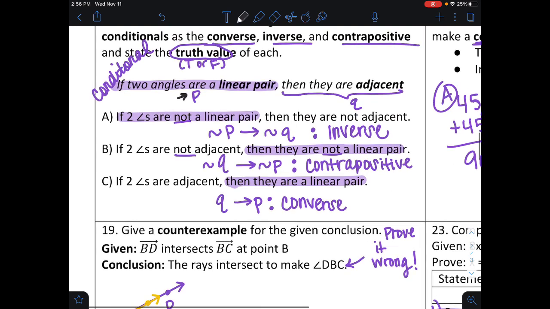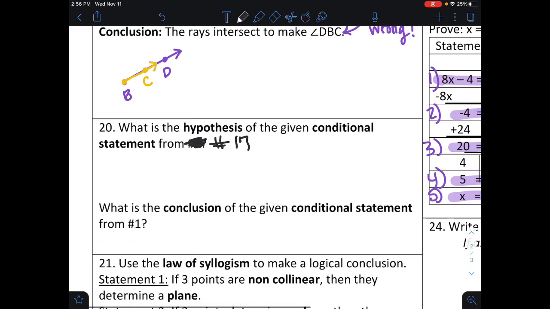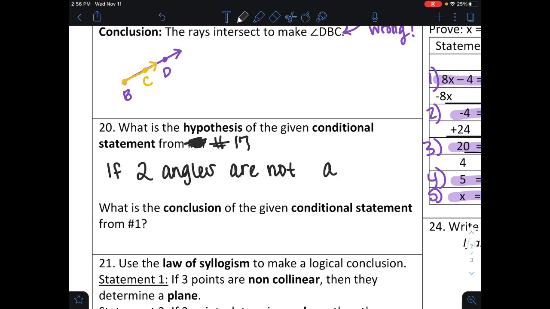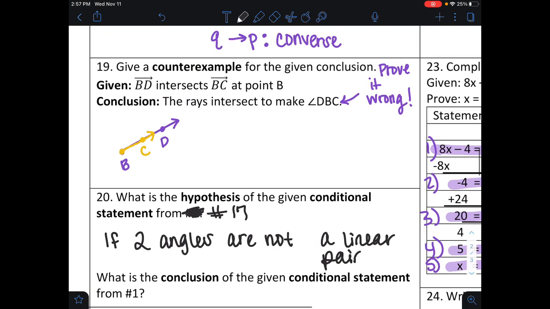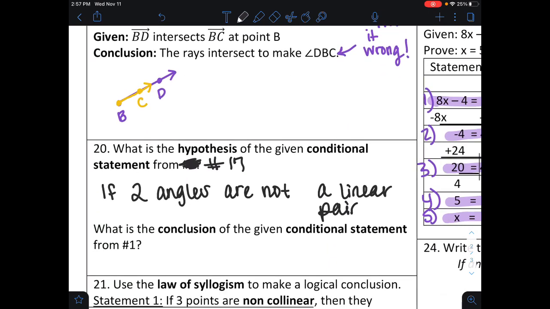So what was it again? If two angles are not a linear pair, okay. Sorry about that. If two angles are a linear pair.